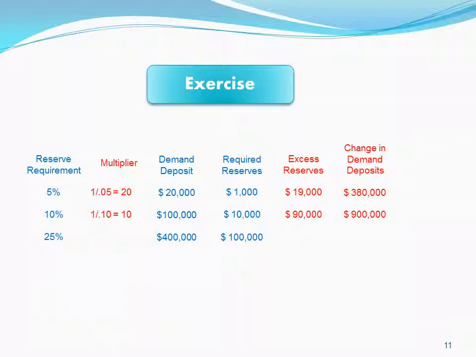So the change in demand deposits, which is a form of money, could be $900,000. 25%, 1 over 0.25 is 4. If we had a demand deposit of 400,000, we'd have to set aside 25% or 100,000, which would leave us excess reserves of 300,000, times a multiplier of 4, which is 1.2 million.